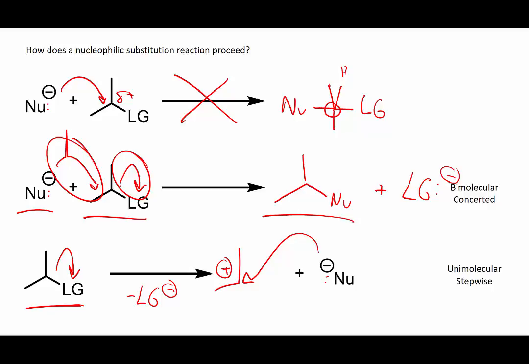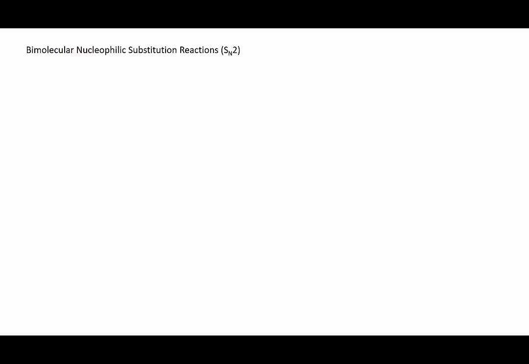Later on, we're going to talk about what differentiates a bimolecular versus a unimolecular mechanism, but for now, let's talk about the specifics of a bimolecular reaction. We call a bimolecular nucleophilic substitution reaction SN2 for short. S for substitution, N for nucleophile, and 2 for bimolecular. There are 2 molecules reacting.